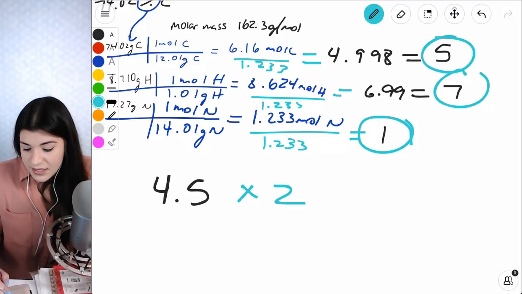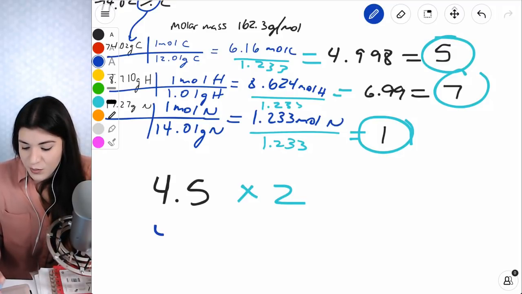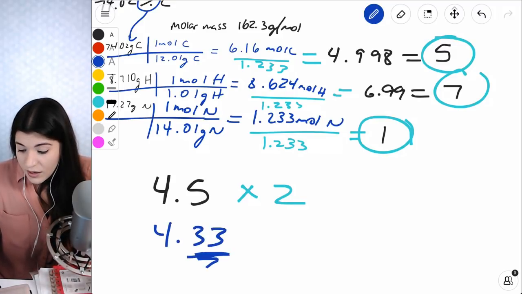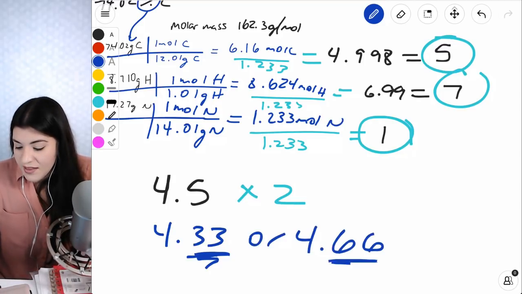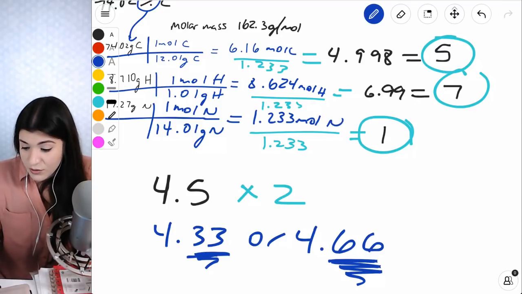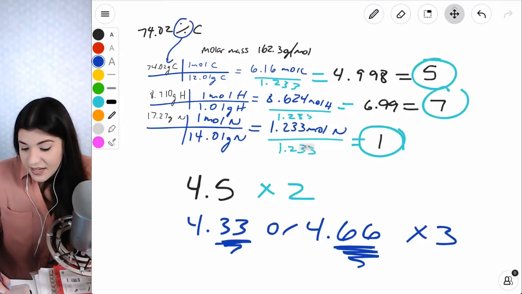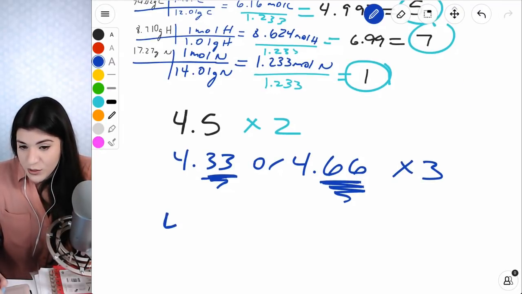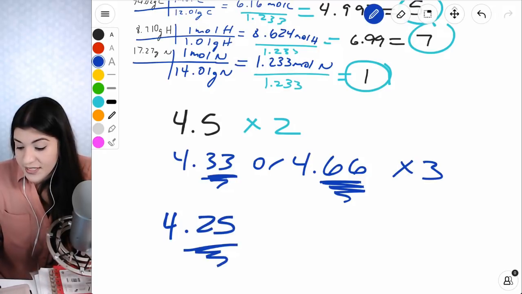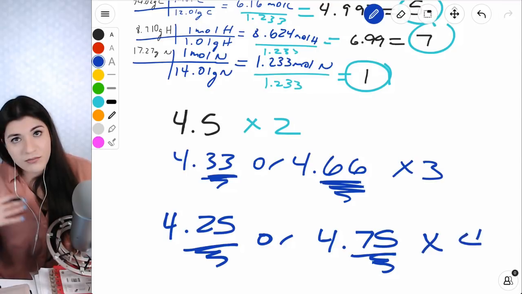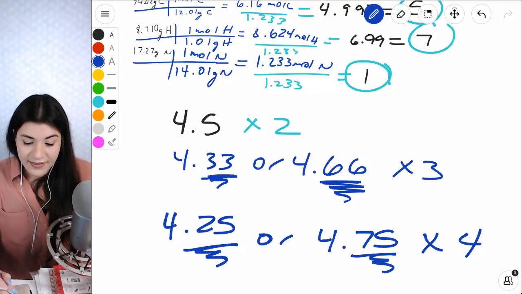If this was 4.33, so it ends in 0.33, or it ends in 4.66, or really just 66, then you would multiply every single subscript by 3. And lastly, if this ended in 0.25 or 0.75, then you would multiply every subscript by 4. Just a little side note, just in case you get that.